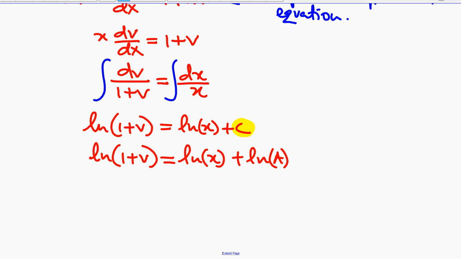It's the same thing, it's still a constant. Instead of plus c, I'll just write ln a, and the reason is I want to group these together. So I will end up with ln(1 plus v) is equal to ln x plus ln a, which I can put together as ln(ax).